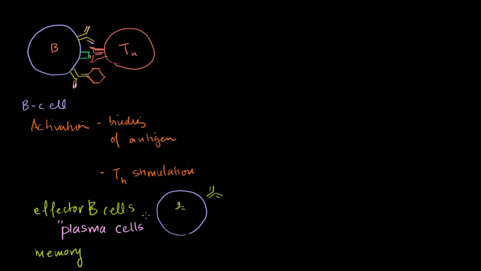Plasma cells and effector B cells are the same thing. But normally when they say what happens to a B cell when it starts producing antibodies, they call it a plasma cell. They don't call it a B cell anymore. I have attendings that, if they asked what cell in the body produces antibodies and you said B cell, they would say no, wrong, it's a plasma cell. Or if you even said effector B cell, they wouldn't be happy. They wanted to hear plasma cell.